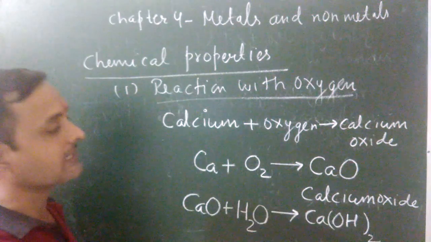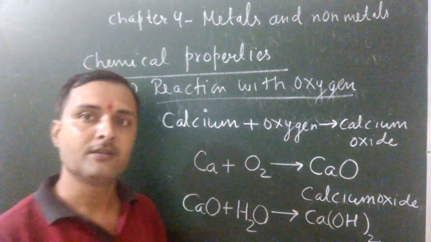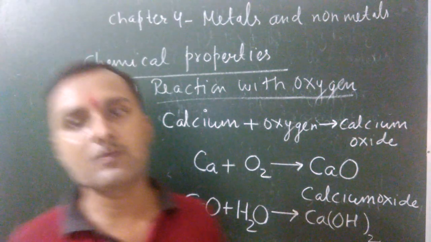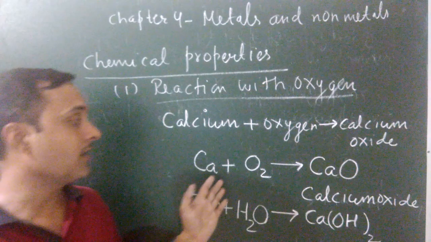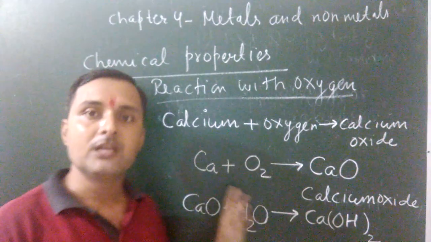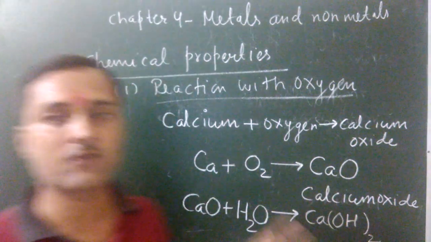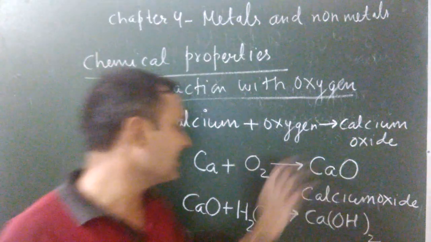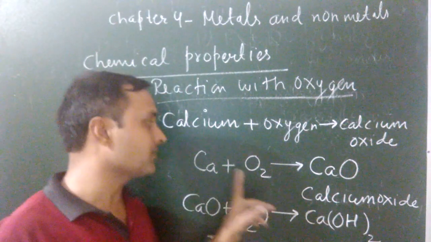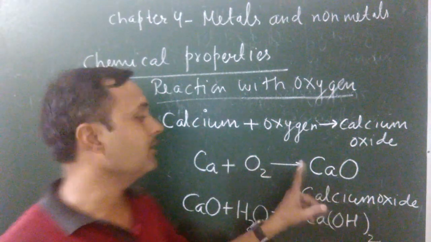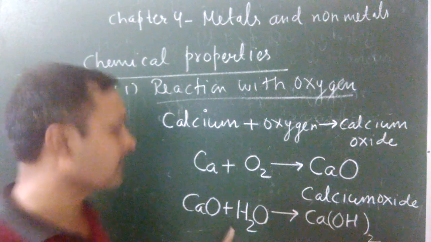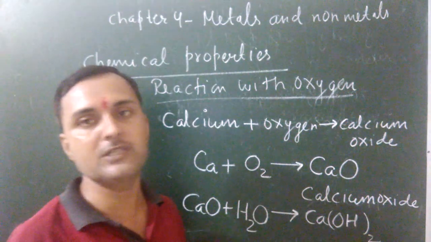The base name is calcium hydroxide. So once again, when sodium combines with oxygen it forms sodium oxide. When the sodium oxide combines with water it forms sodium hydroxide. In the same way, when calcium combines with oxygen it forms calcium oxide, and when this calcium oxide combines with water, it forms calcium hydroxide, that means a base.